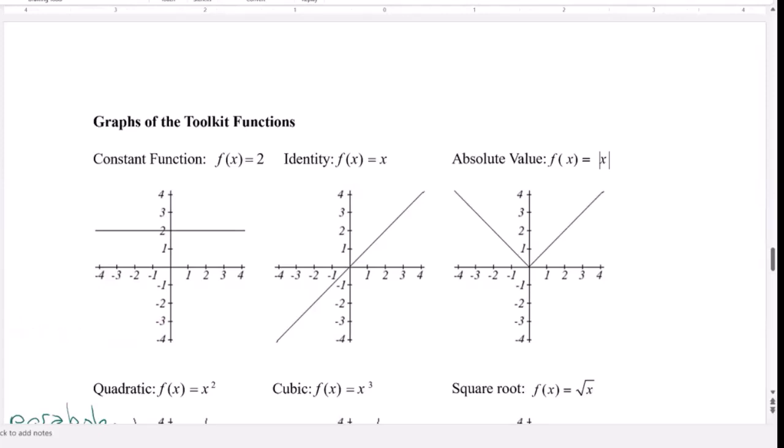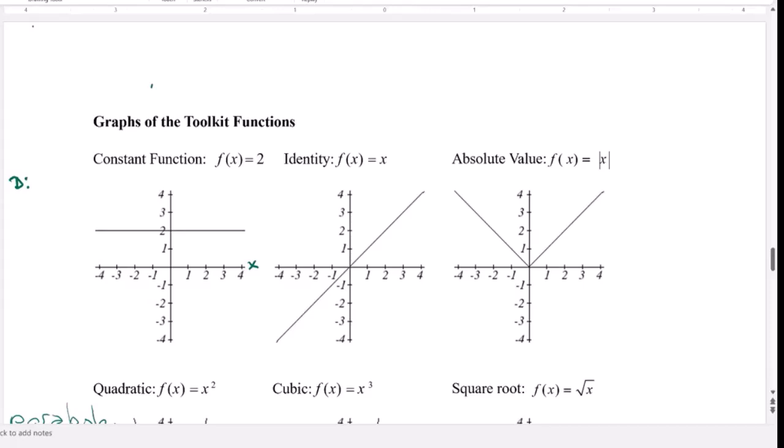Let's look at the constant function. The domain, well, the domain are my values that my input variable can be. And in this case, we'll just call it our x values because we're using x. So this is my x-axis.